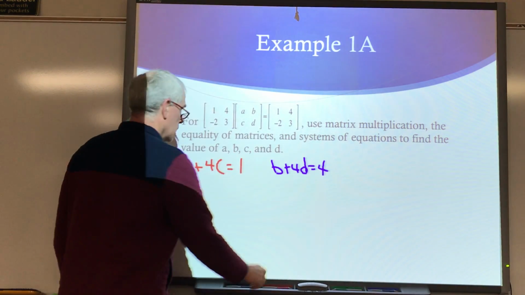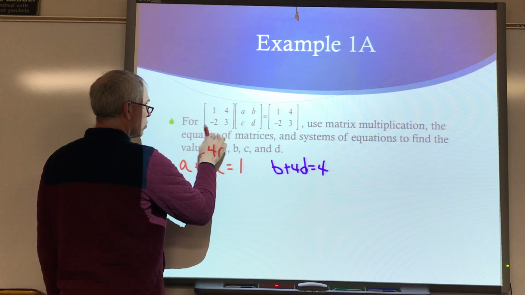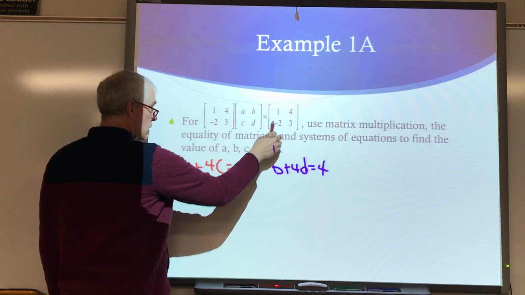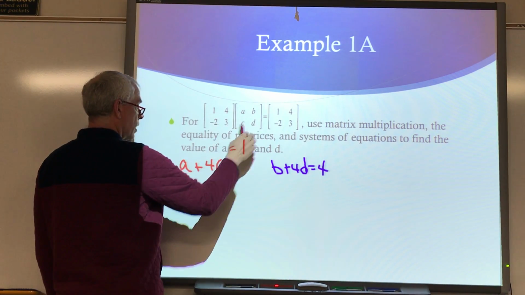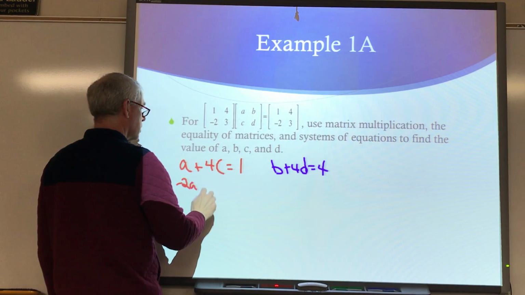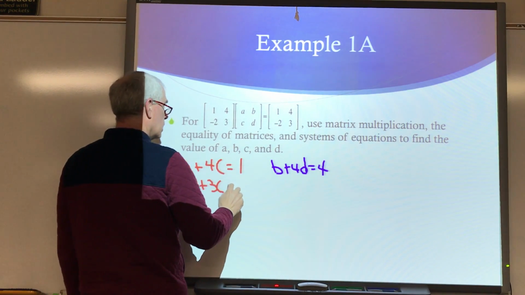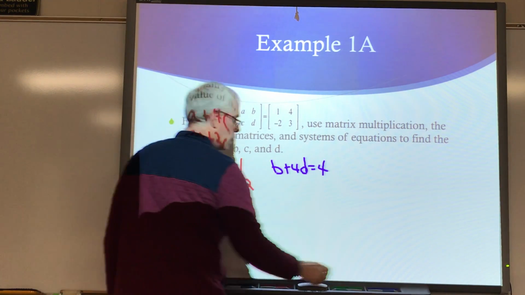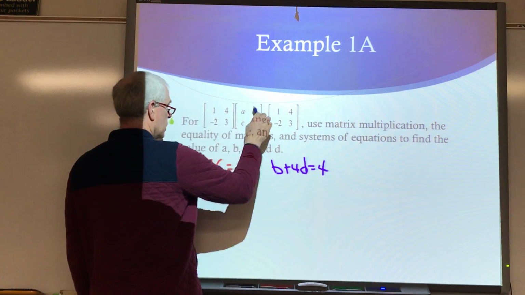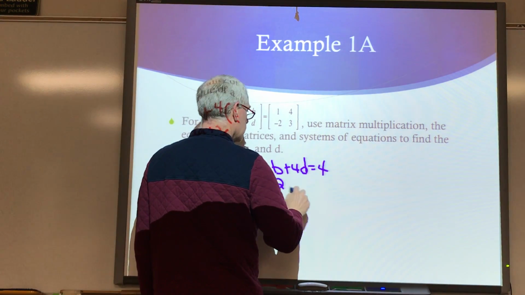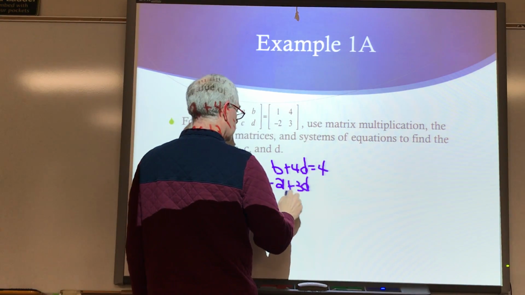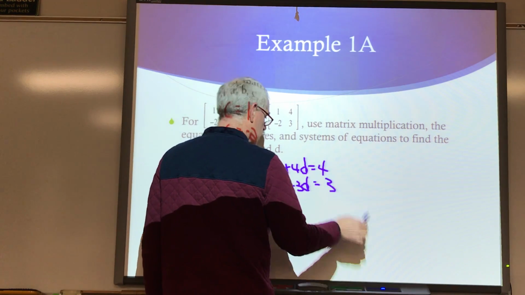Now if I take row 2 times column 1, that's negative 2A plus 3C, and that's going to equal negative 2. And row 2 times column 2 is negative 2B plus 3D, and that's supposed to equal that 3.